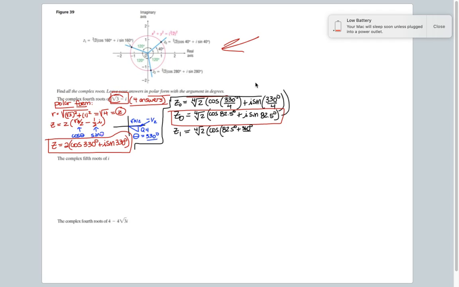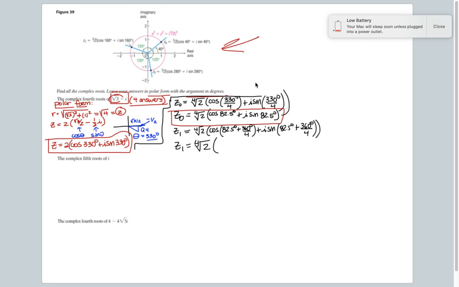Okay, and I'll figure out what that angle is here in just a minute. So I'm just going to clean this up, the 82.5 and then 360 divided by 4, and get my next fourth root, and that's going to look like this.